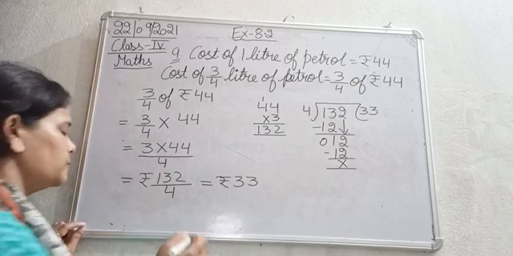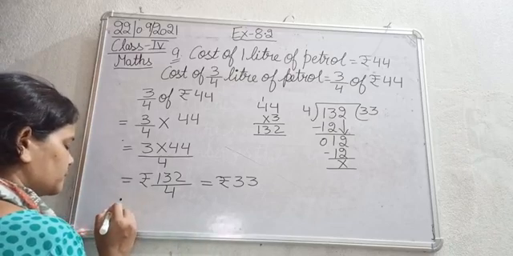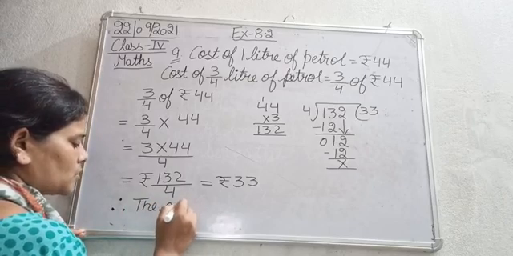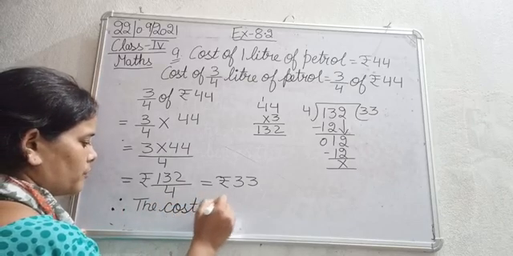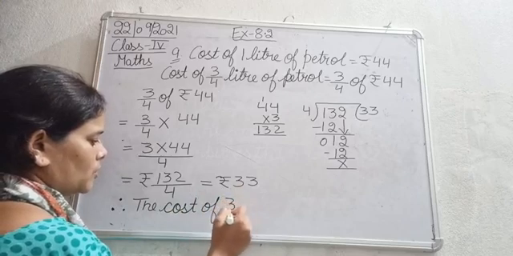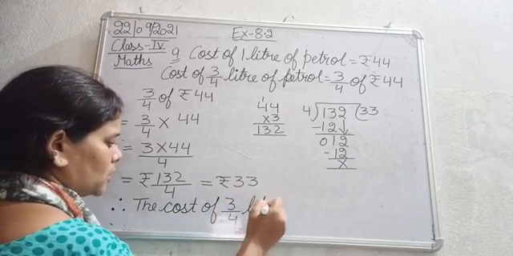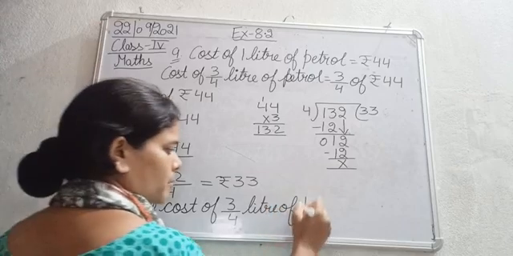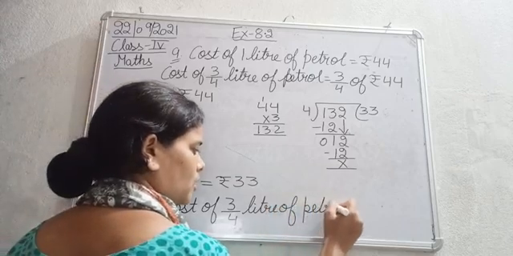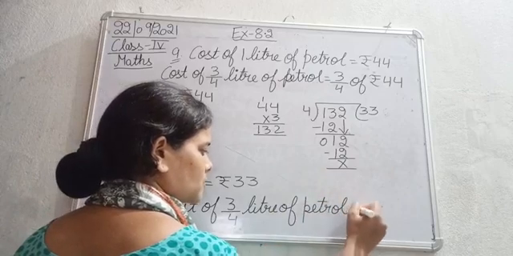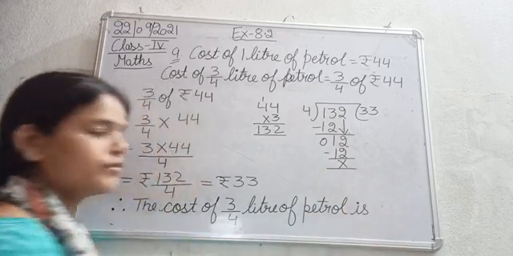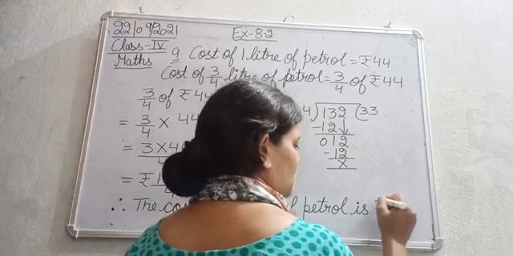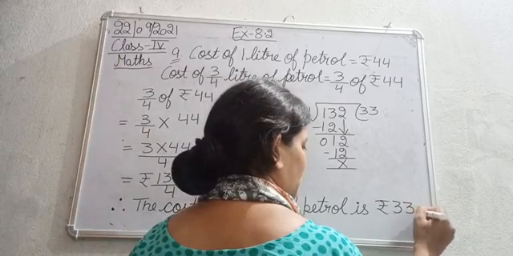So let's write down. Therefore, the cost of 3/4 liter of petrol is rupees 33.